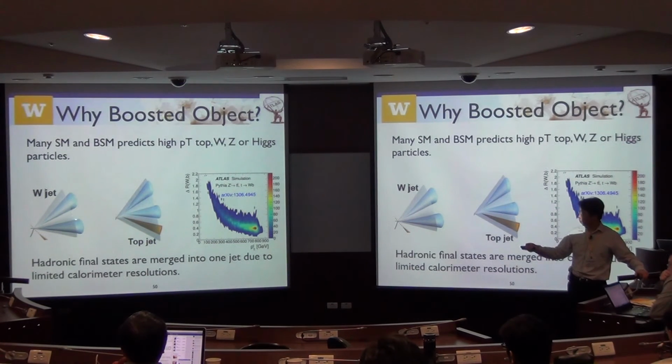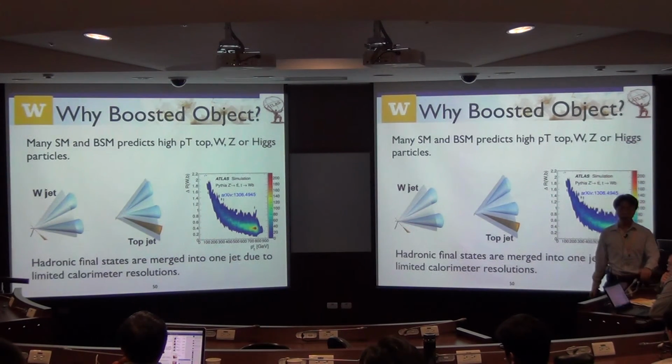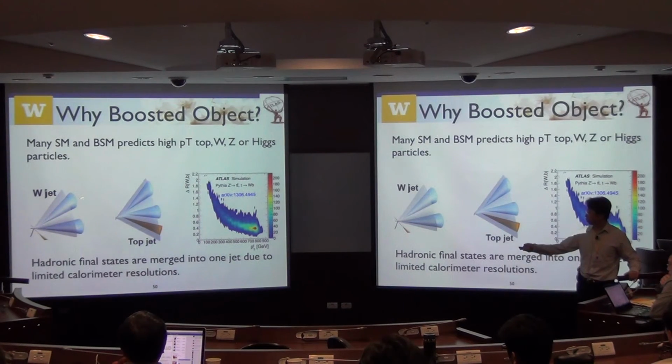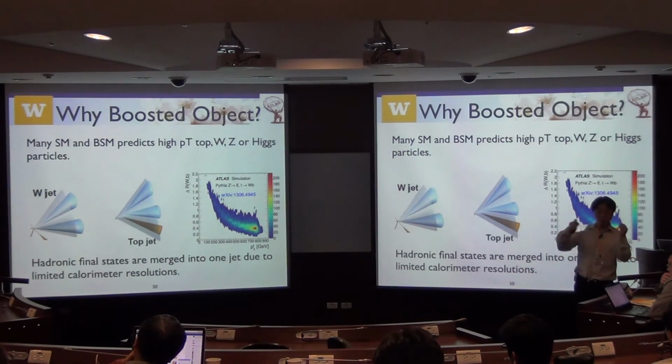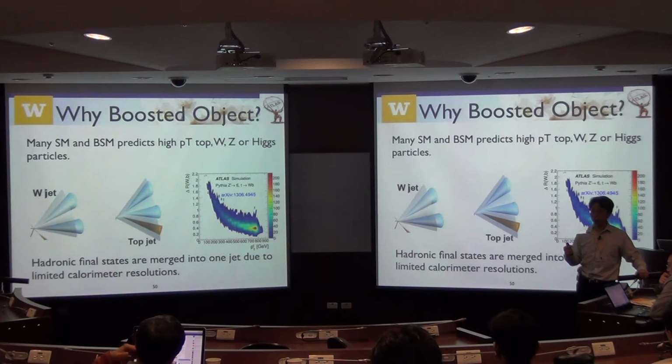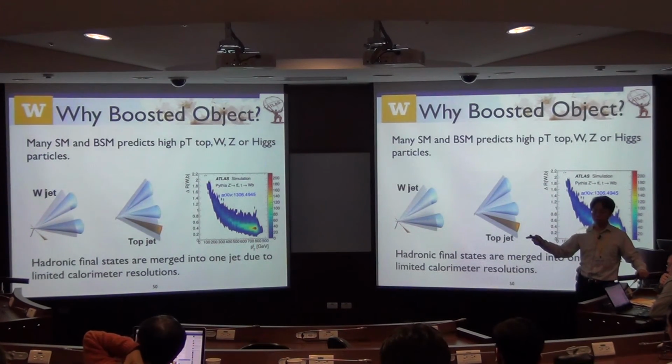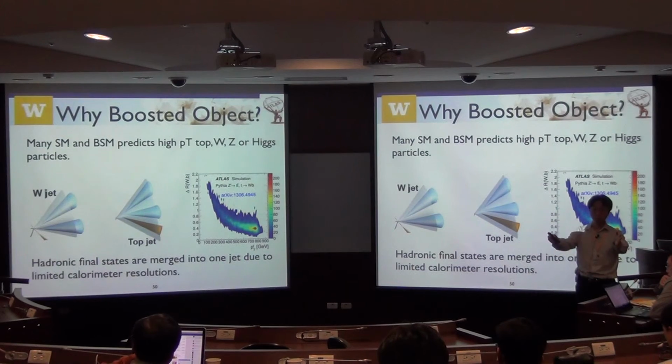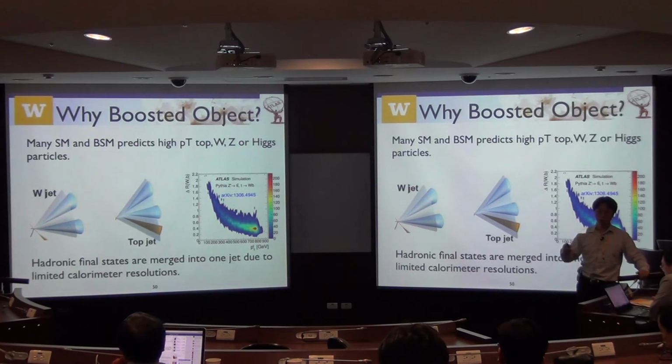Those are so-called color singlet objects, where the quarks come from a carrier particle which has no color. But in a high energy environment like a hadron collider, if this particle has really high transverse momentum, then these particles will be boosted into a very small area and could be reconstructed as a single jet object.